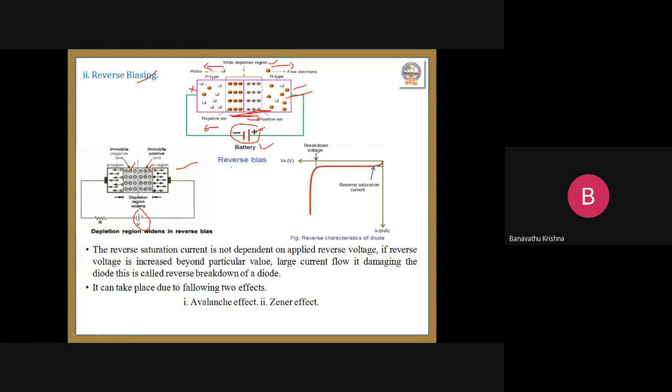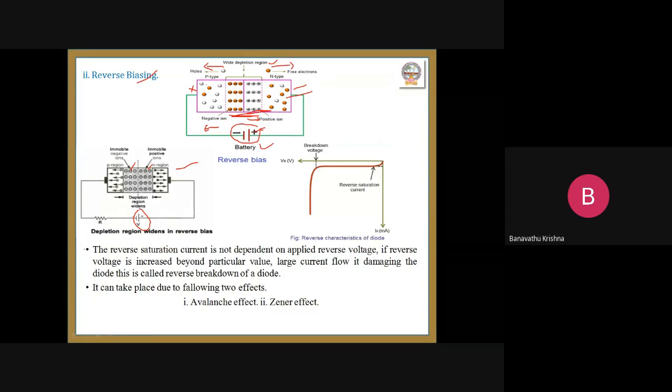By increasing this voltage, at a certain point the device acts in the breakdown region. What is meant by breakdown region? When we exceed a certain amount of voltage, the current suddenly increases. That voltage is called the breakdown voltage.